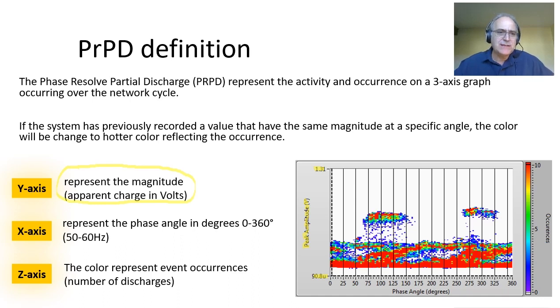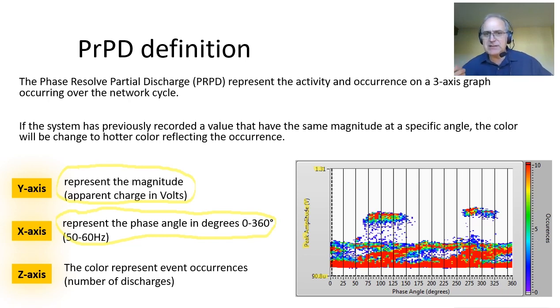The x-axis represents the phase angle. So the phase angle of a cycle. So it goes from 0 to 360 degrees. But the z-axis is represented by the color. So as the color gets warmer or hotter, it becomes red.